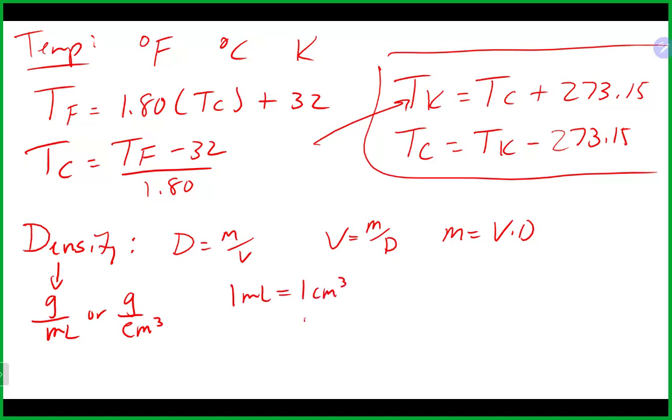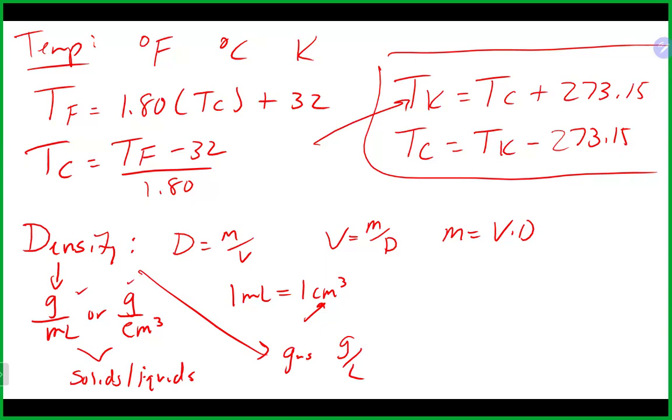When you cube a length measurement, you get a volume. These are typical units for solids and liquids. We didn't get too much into this, and next semester you probably will, but for gases, grams per liter is typically the unit. For the most part, these are the two very common units of density.